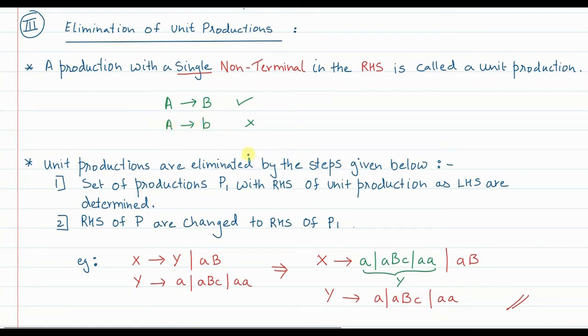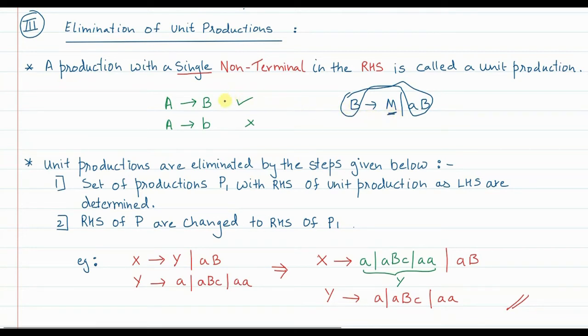Also, some students might have a doubt. For example, you have a production B gives M or AB. Now, is there a unit production in this case? Yes. B gives AB, the second term of this production, may not be a unit production, but B gives M, the first term, is a unit production.